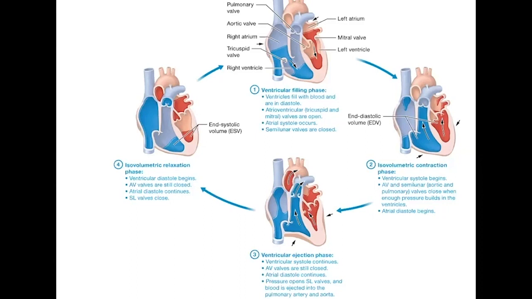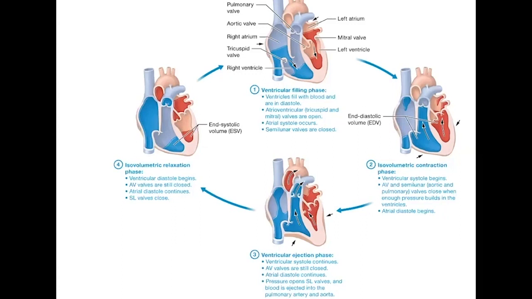When the ventricles contract and squeeze up against the blood, this increases the pressure in the ventricles. As soon as the ventricular pressure becomes greater than arterial pressure, the pressure in the arteries that drain the ventricles, the semilunar valves are going to open. And remember, the semilunar valves are the valves between the ventricles and the arteries that drain them.